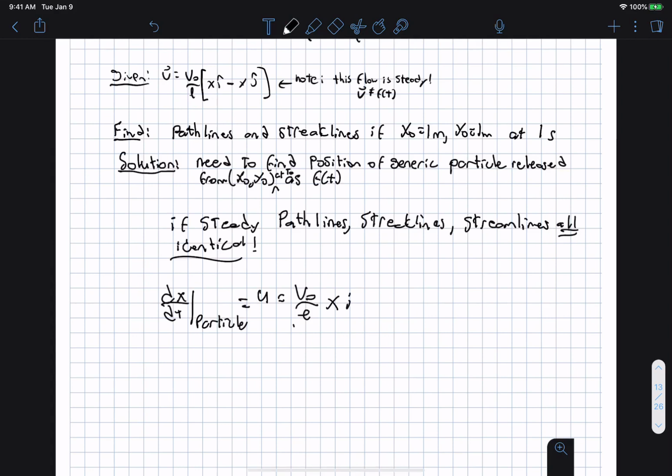We have the initial condition x equals x naught at t equals t naught, which is just some release time. If t is less than t naught, we hold the particle.